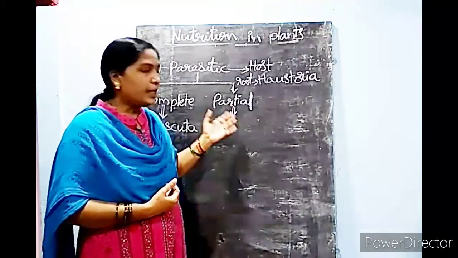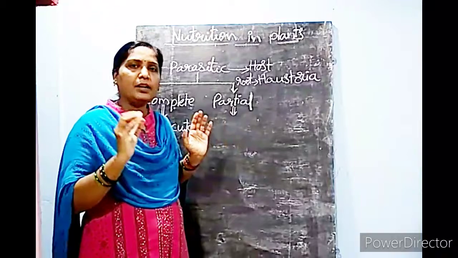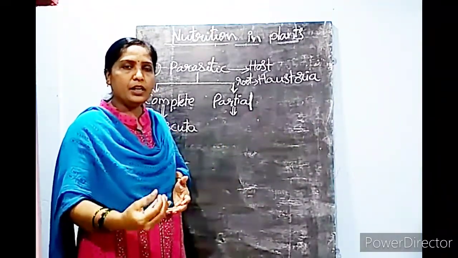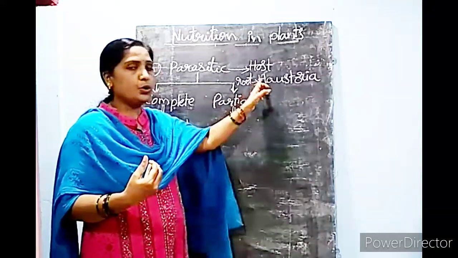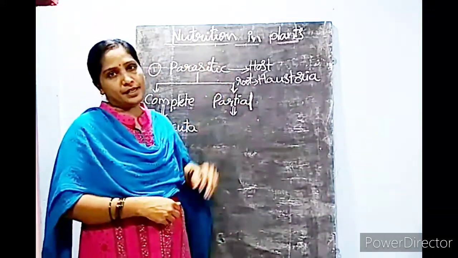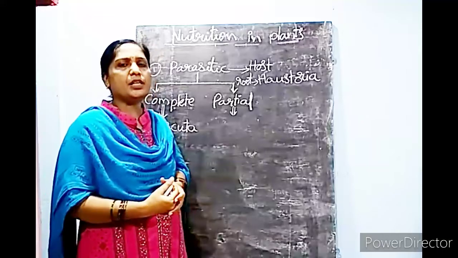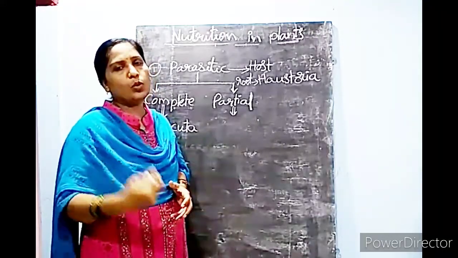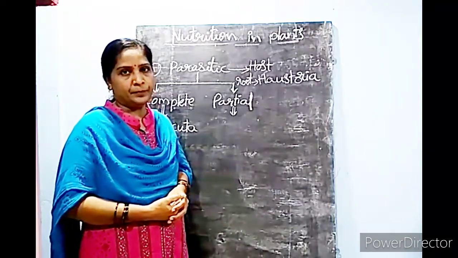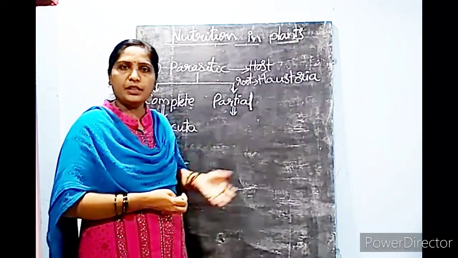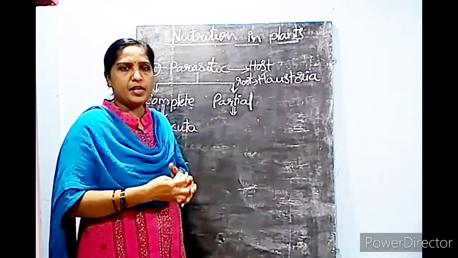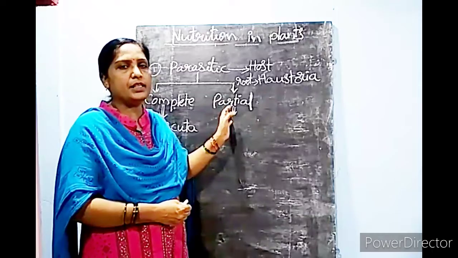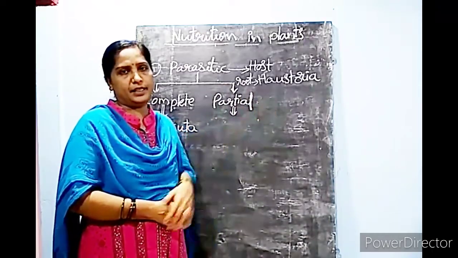They have their leaves, so they can prepare their own food, but they too have haustoria like other parasitic plants. With the help of haustoria, they absorb minerals and water from the host plant, and the remaining part of photosynthesis they can do themselves. That means they depend only half on the host plant. That's why they are known as partial parasitic plants.